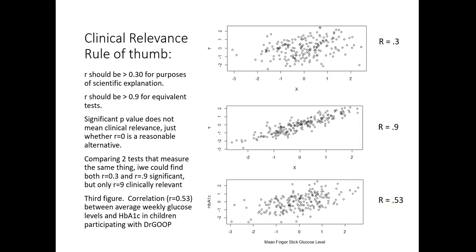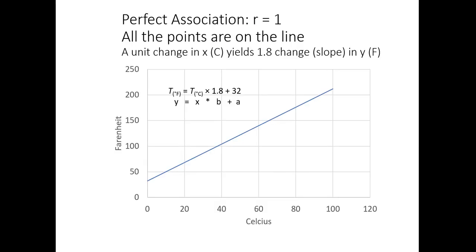The correlation was 0.53. In other words, they shared about 25%, 0.53 squared, about 23% of the variability. It wasn't perfect, but then blood glucose and HbA1c aren't perfect even if you do them at the same time. So it showed that the kids were most likely being pretty truthful when they reported their blood sugar levels.